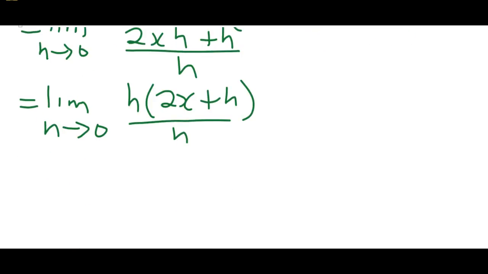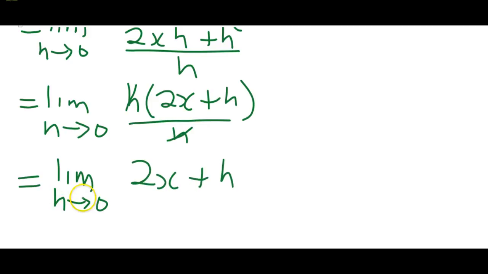Now this h will also cancel the h here. This will die with this. So we have the limit as h approaches 0 of 2x plus h.